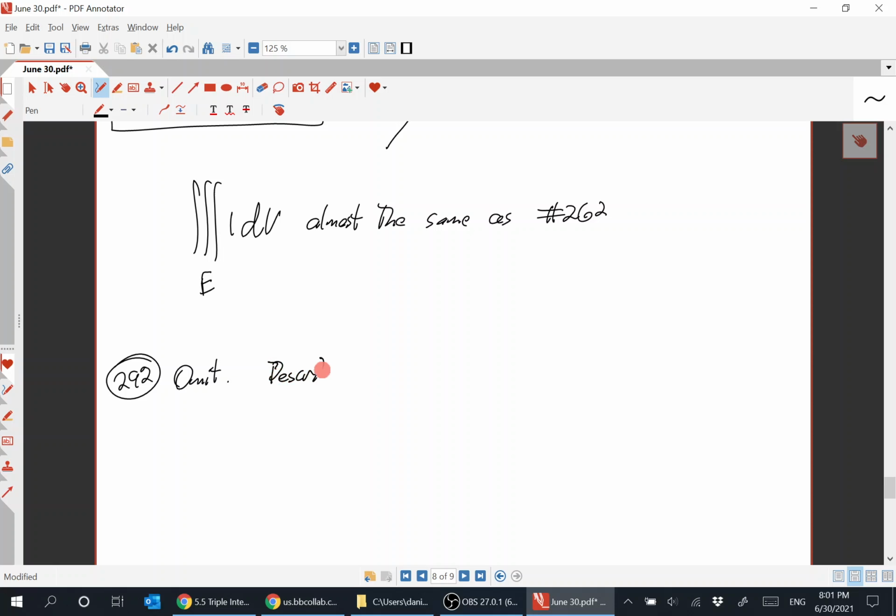So describe the region in cylindrical coordinates. You can do it in spherical, but it's more complicated. The integral will be more complicated too.